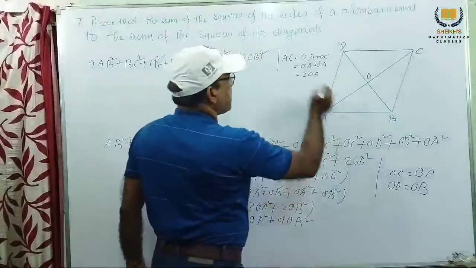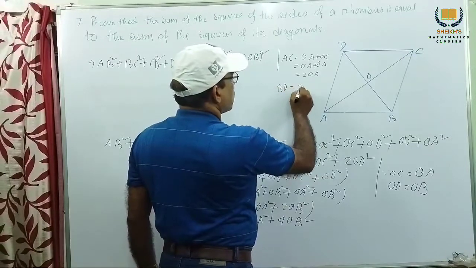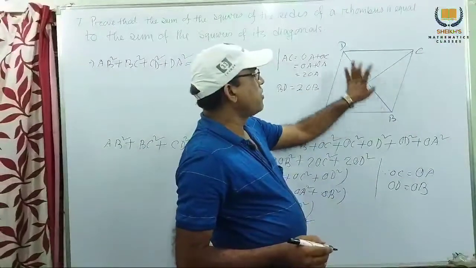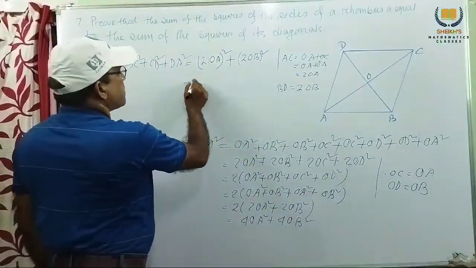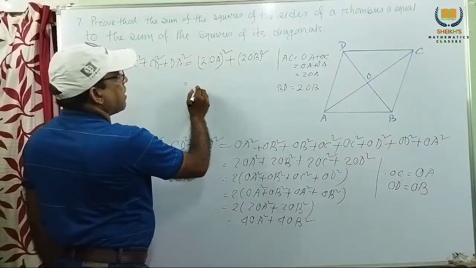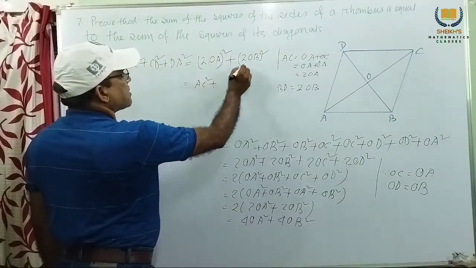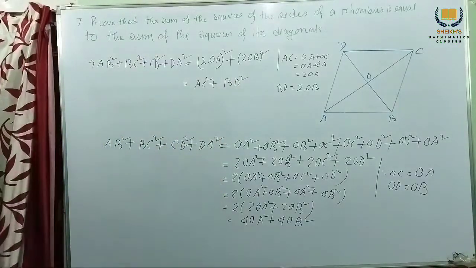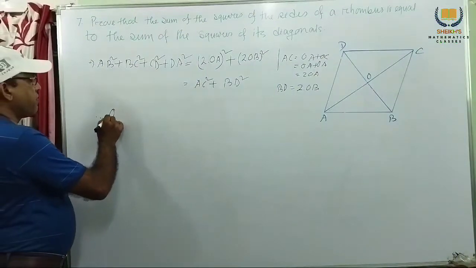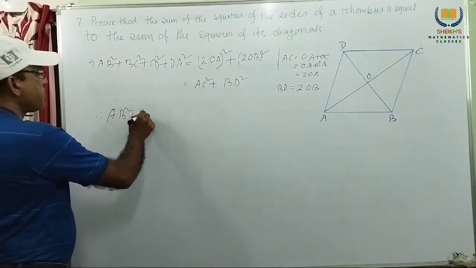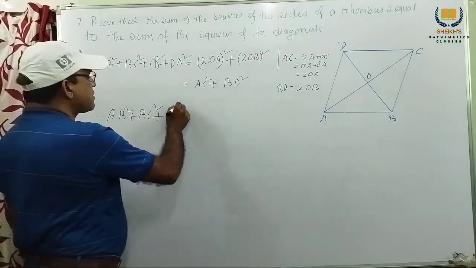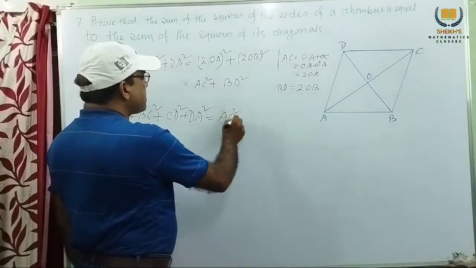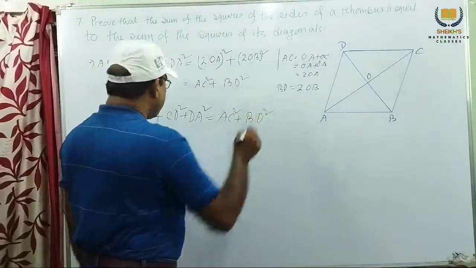Similarly BD equal to 2 times OB. So this means AC square and this means BD square. So we get our result: AB square plus BC square plus CD square plus DA square equal to AC square plus BD square.